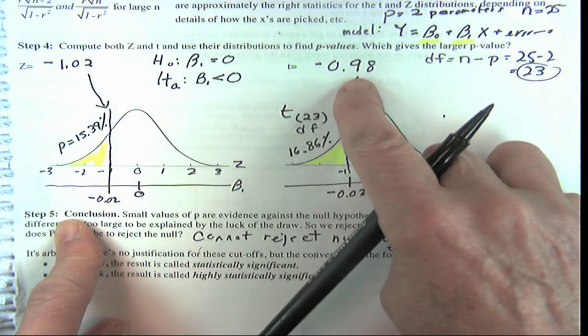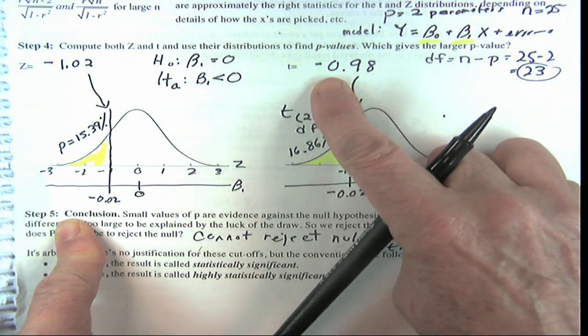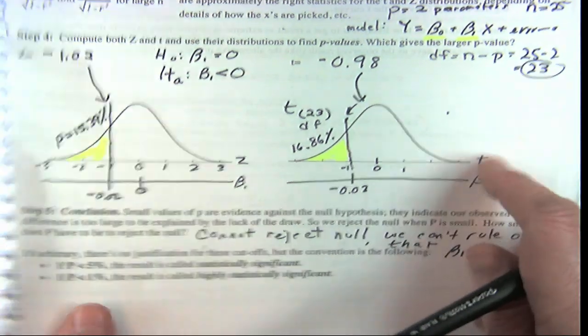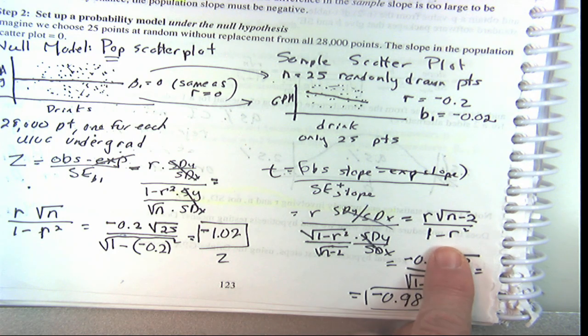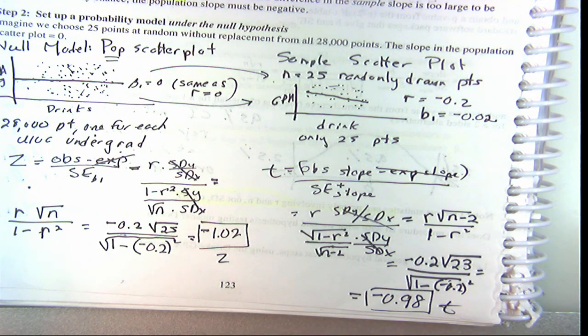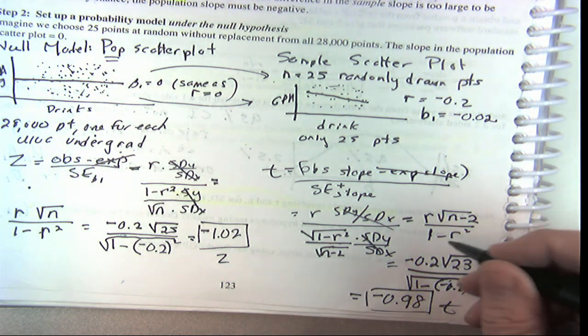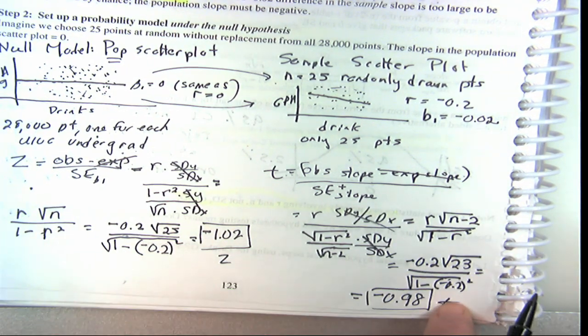So if we square this, t squared, we'll get df, 0.96. Because look, if you square this statistic, you get r squared over 1 minus r squared. This should have a square root here, sorry. It does down here, sorry.